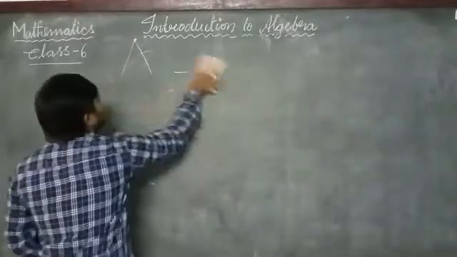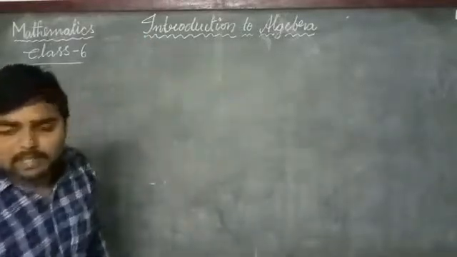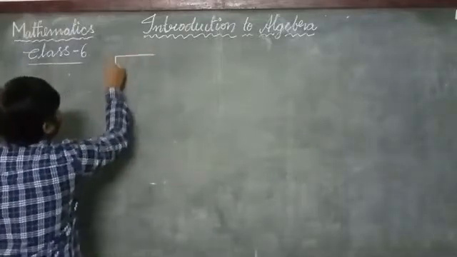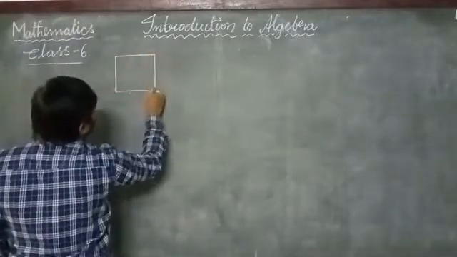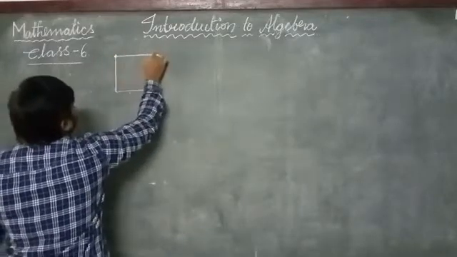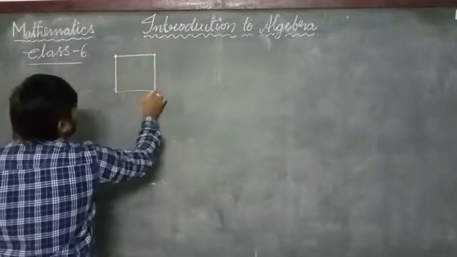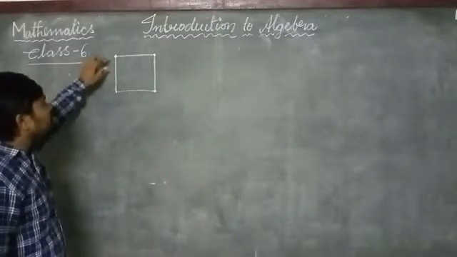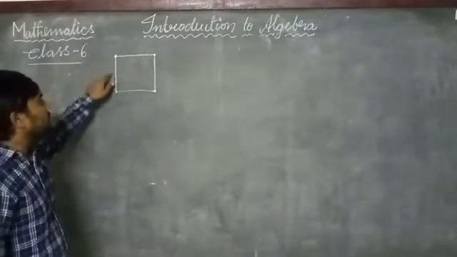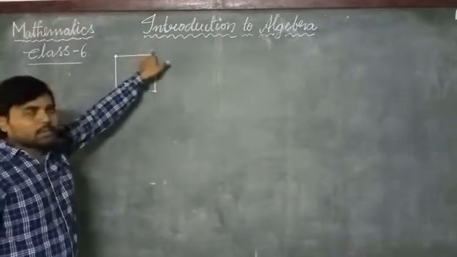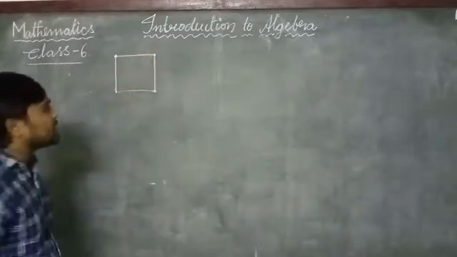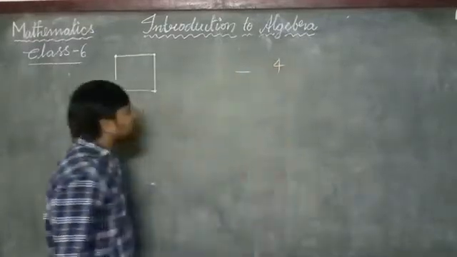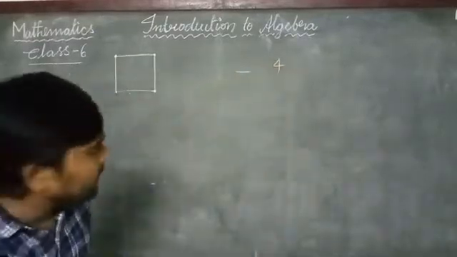In this way, now let us see some more patterns. To draw one square, how many matchsticks are required? There are 4 matchsticks required: 1, 2, 3, 4.